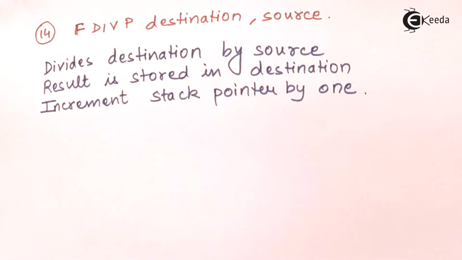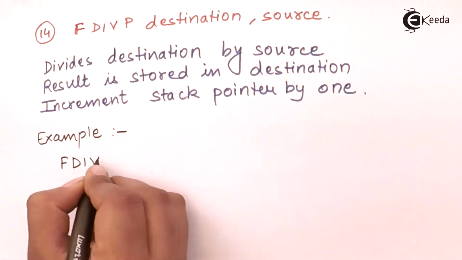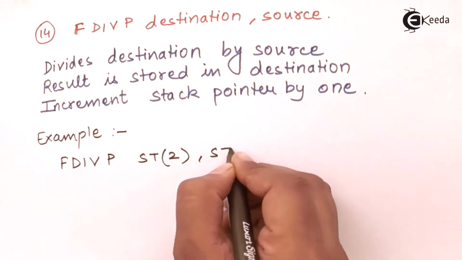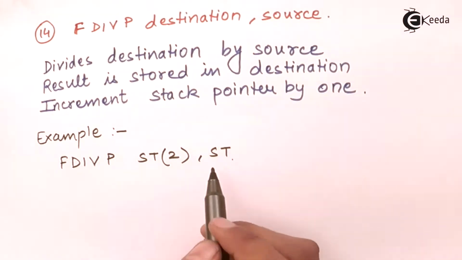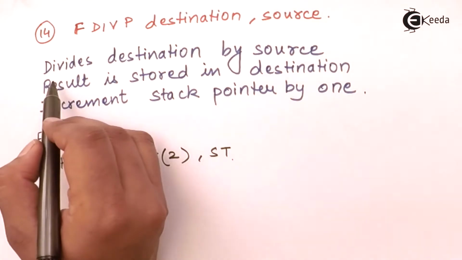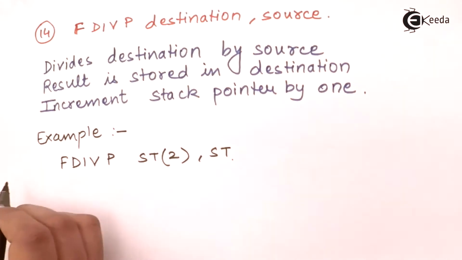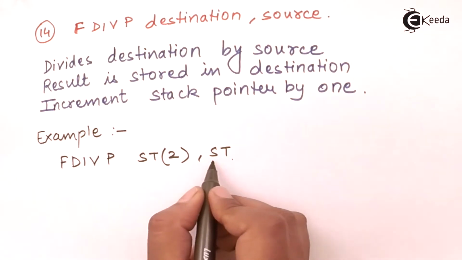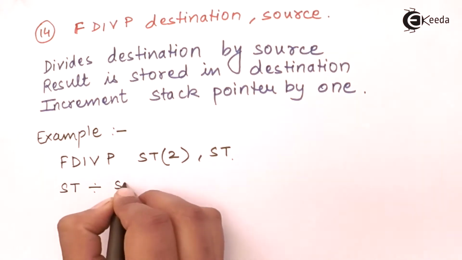Let's take an example. So here source and destination are there. It divides the destination by the source. Here ST is divided by ST2.